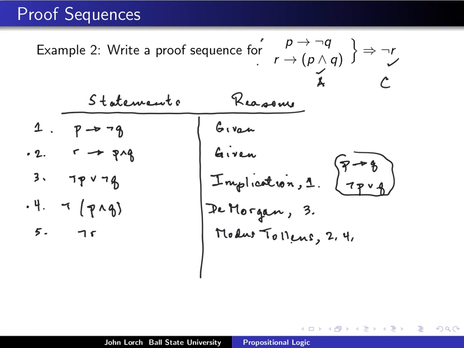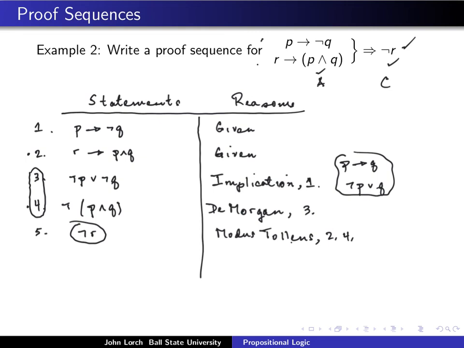And that's the end, right? We have now supplied intermediate statements, namely statements 3 and 4 were intermediate. And then we wound up inferring the statement that we wanted to infer, namely this not R.